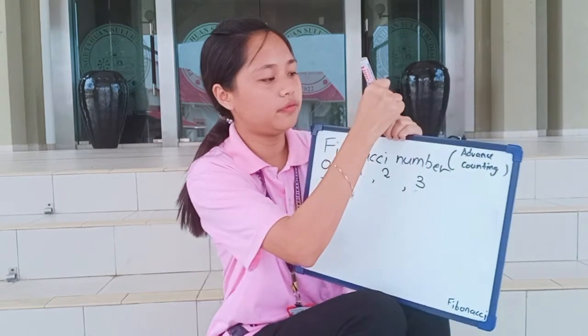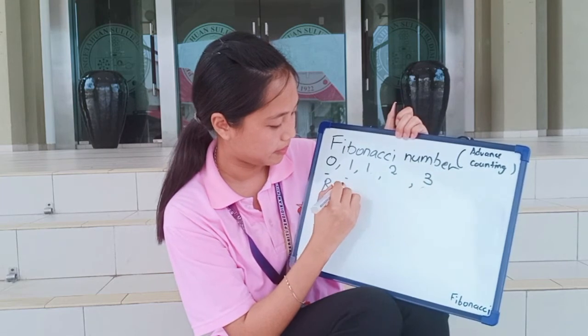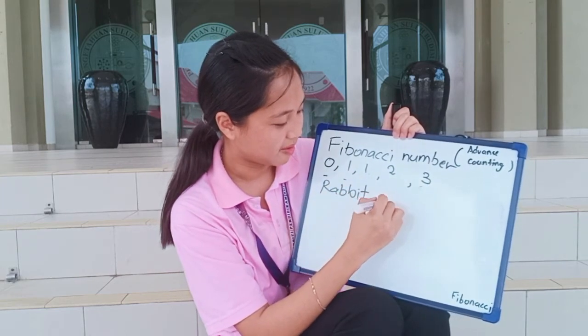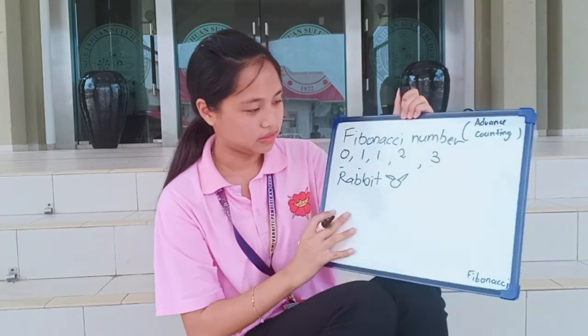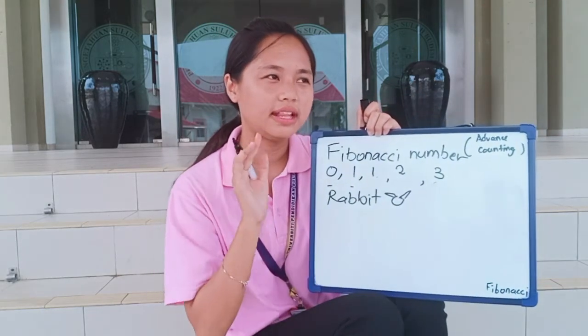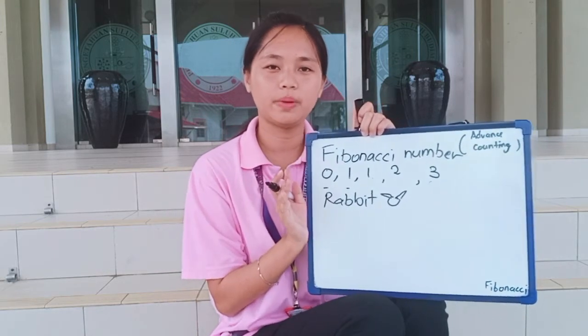I'm going to give you an example with rabbits. So you count, in every month or in the next month, how many pairs of rabbits will be produced.